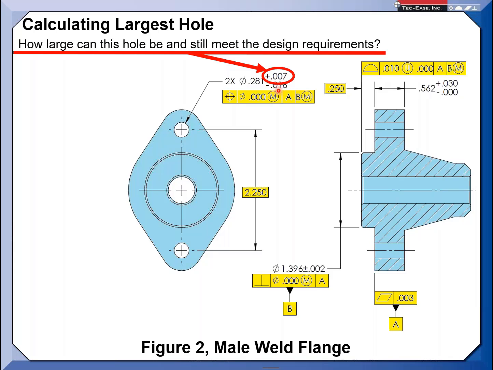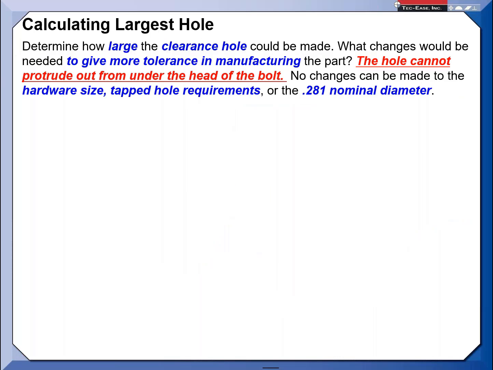That was the only requirement I put, negating any of the other design requirements, loading, torquing, things like that, that you may have to evaluate. So again, the takeaway: the hole cannot protrude out from underneath the head of the bolt. That was my only requirement, and then these other requirements here.